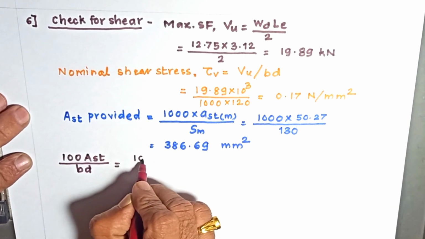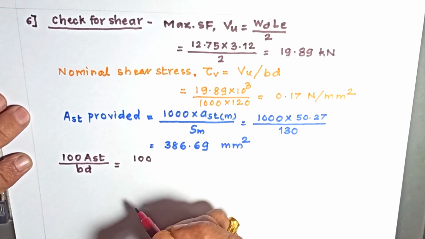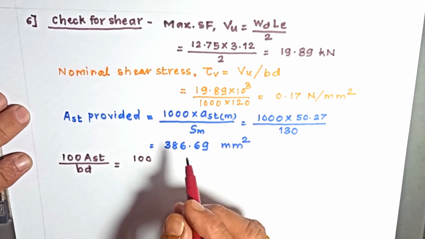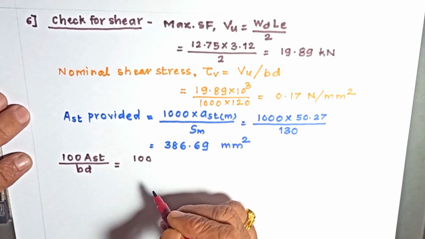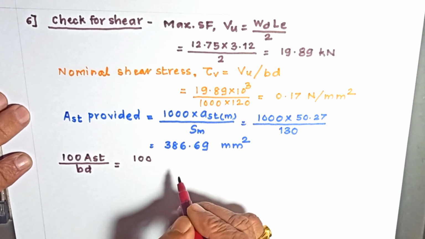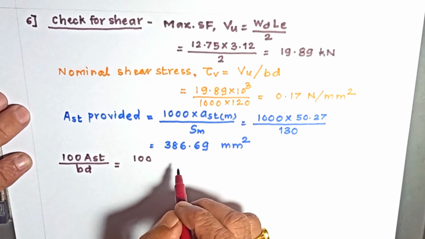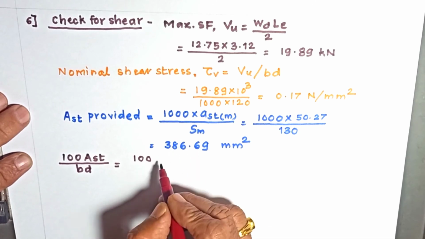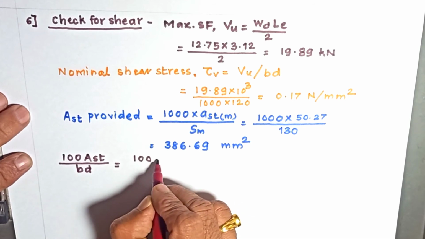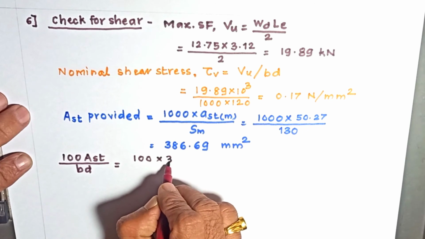Now mind well, here AST is the reinforcement bars which are on tension side extended up to the end. Now we know that half of the main bars are bent up, so only half of the bars are available at the bottom. So what is AST available at the bottom?